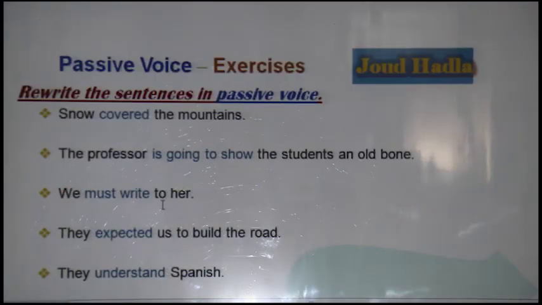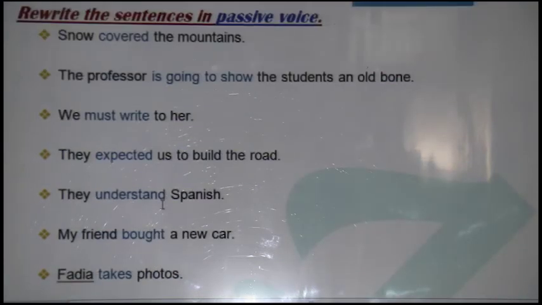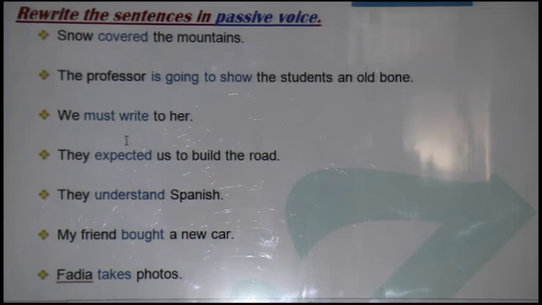Now let me, please dear students, because I am very short of time, let me do the exercises with you. You can correct your mistakes if there are any. Now in this exercise, rewrite the sentences in the passive voice. So they are in the active. So here we have a subject, verb and a complement. Snow covered the mountains.